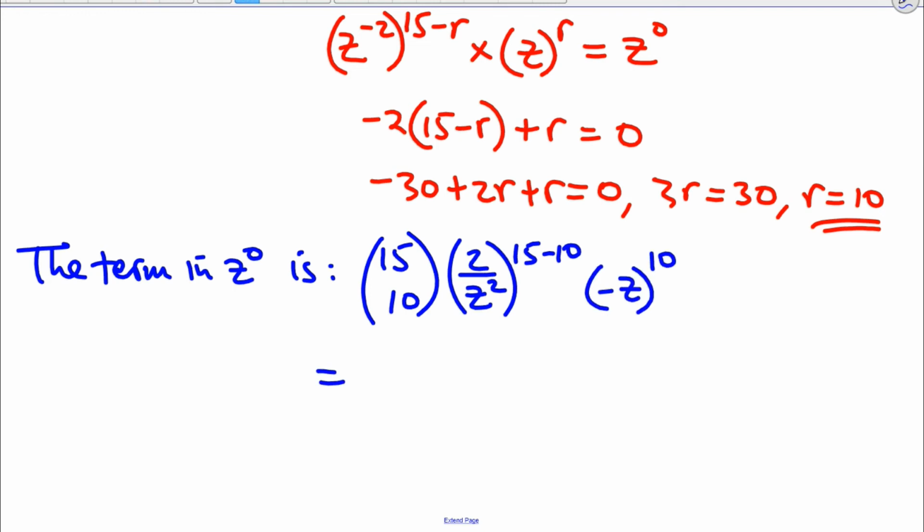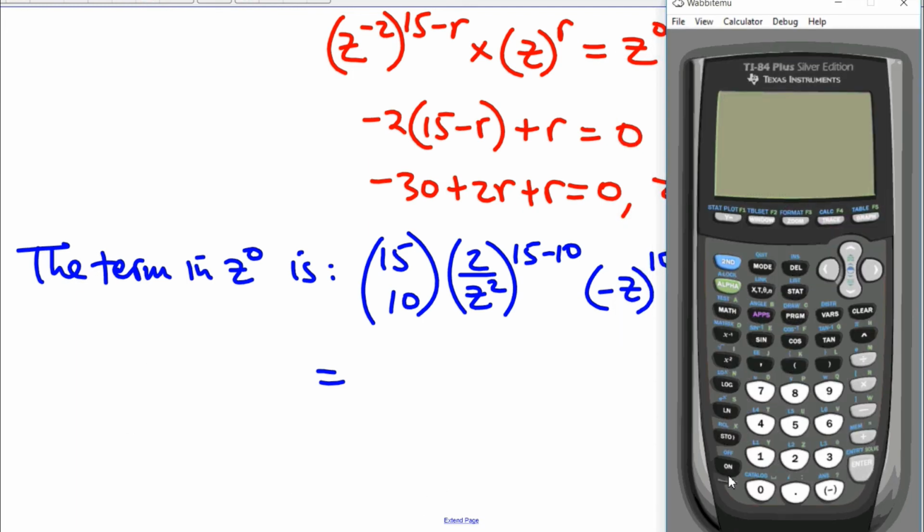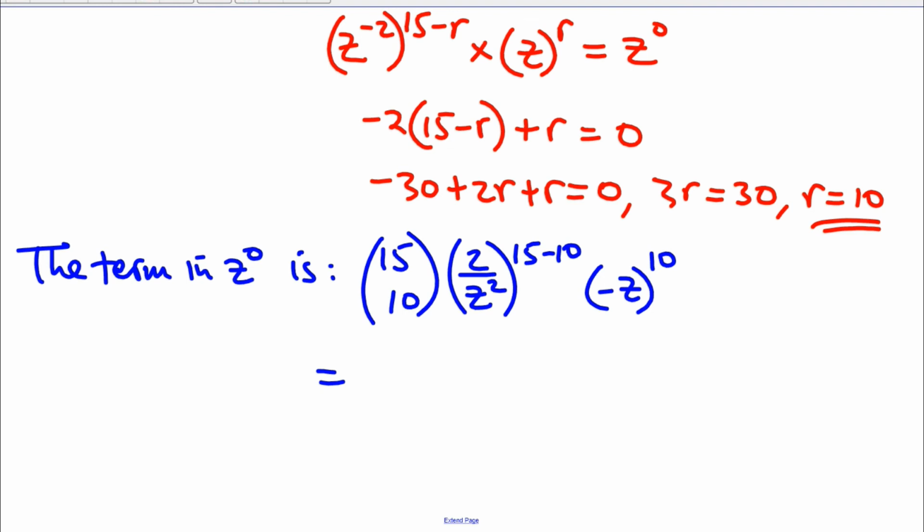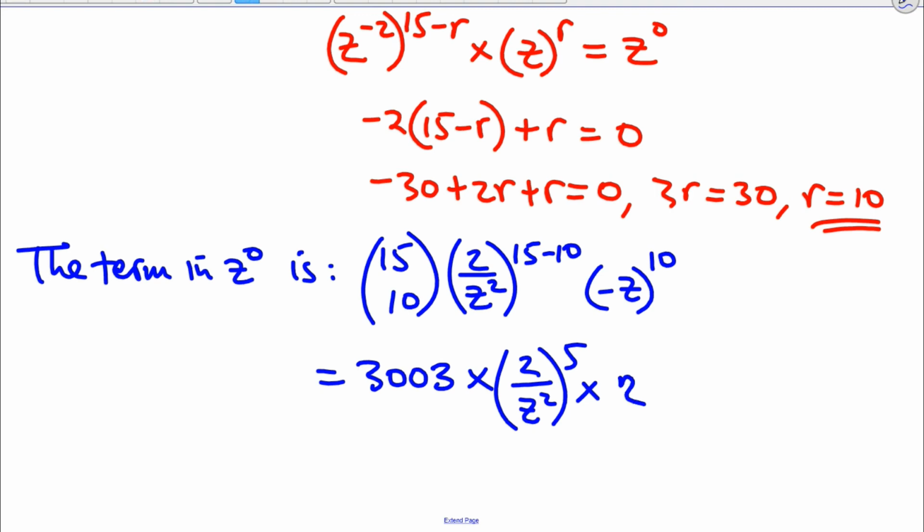And if we simplify this, 15 choose 10 can be found from our calculator. That will be 3003. So we have 3003 multiplied by (2/z²) to power 5, multiplied by z to power 10.